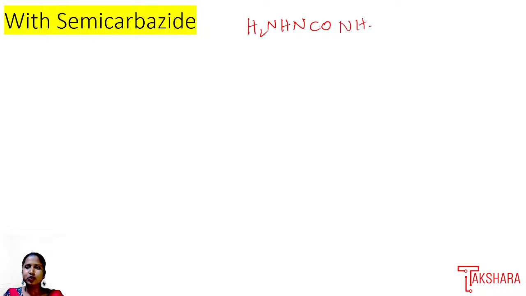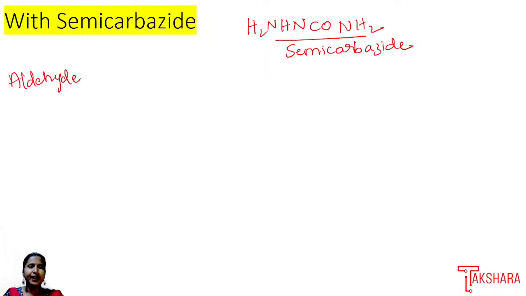The reagent NH2NH CO NH2 we call semicarbazide. When semicarbazide is treated with aldehydes or ketones, when aldehydes or ketones react with semicarbazide, you will get the product.